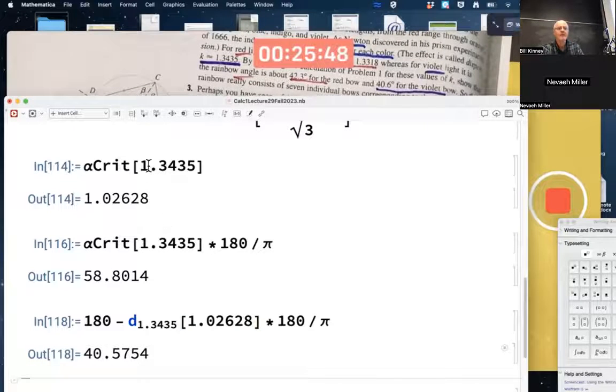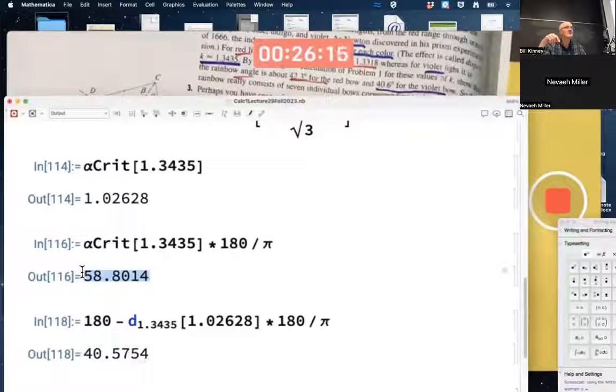If you are trying to take notes on this, this is alpha as a function of K. This is the K value for violet. Here I'm just converting it to degrees. This is in radians. This is in degrees. This represents the angle of incidence, the alpha value, that gives the minimum deviation for violet.